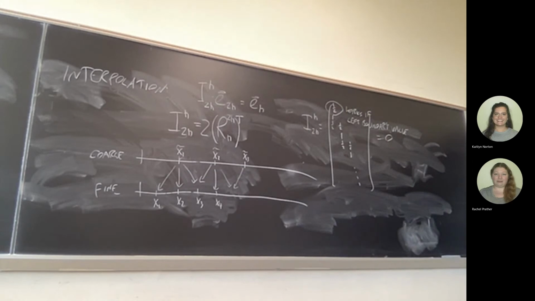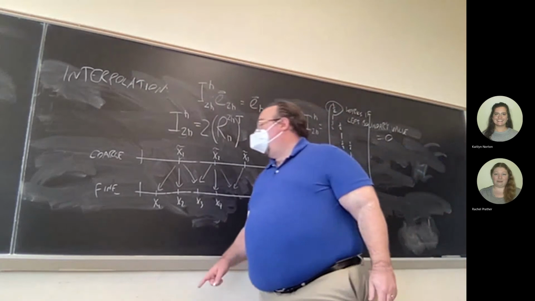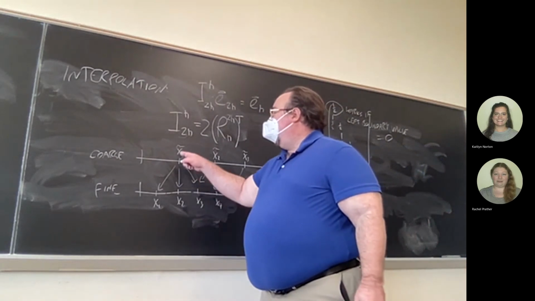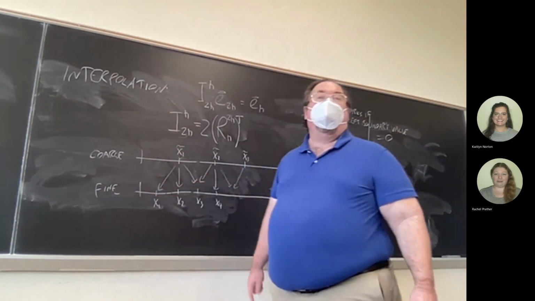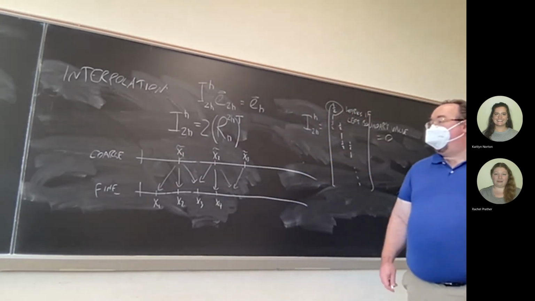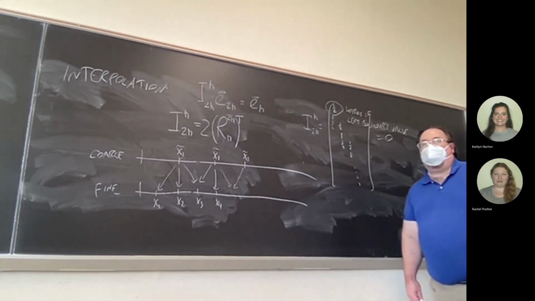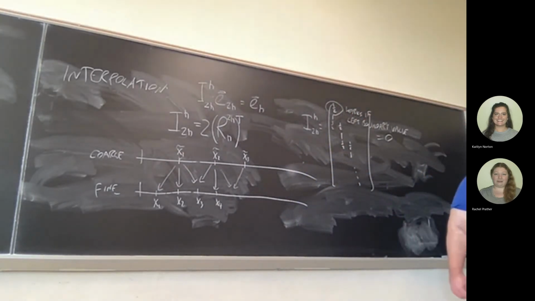And if we're doing homogeneous Dirichlet boundary conditions, then that makes sense. Because then all you're doing is linear interpolation between the value here and 0. So you're just averaging with 0.